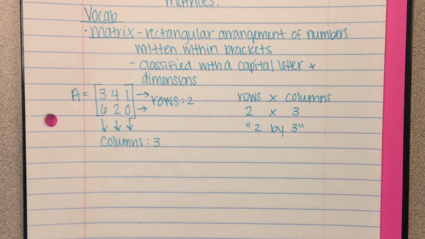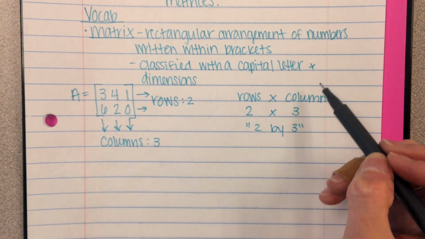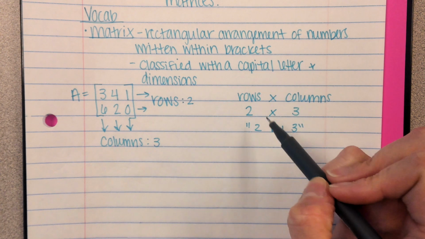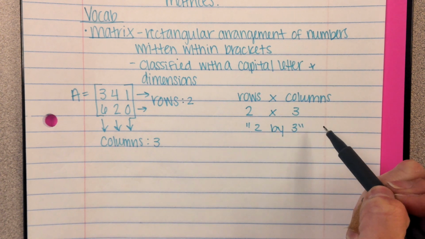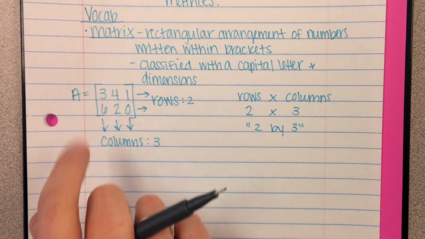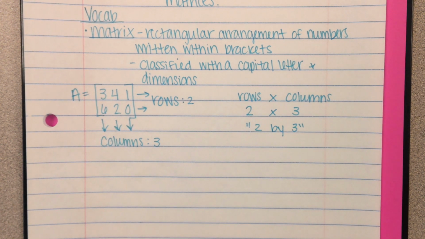When you're talking about matrices, we usually talk about their dimensions. So you do rows by columns, so 2x3, because there are 2 rows, 3 columns, and we say 2 by 3. So this is a 2 by 3 matrix because there are 2 rows and 3 columns, okay? You need to get familiar with that. You'll hear me say that a lot.